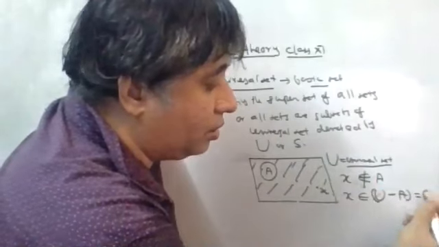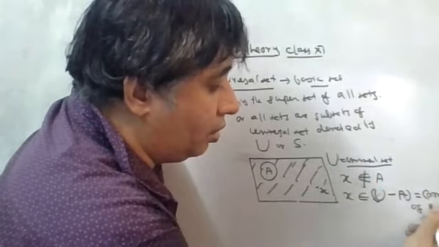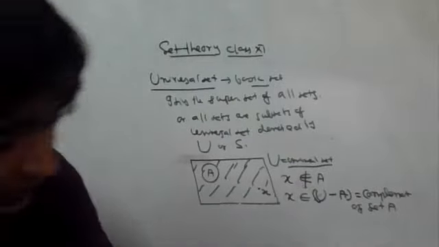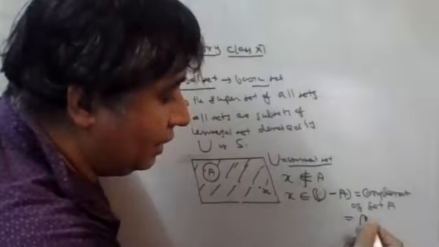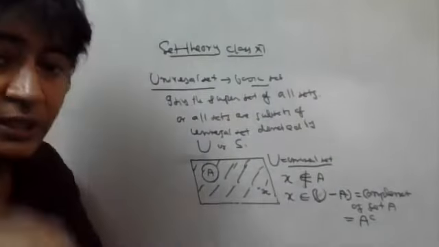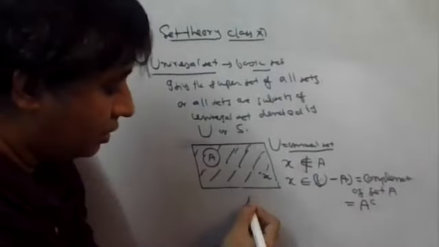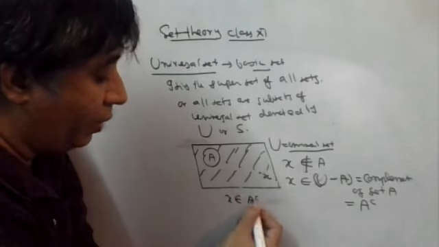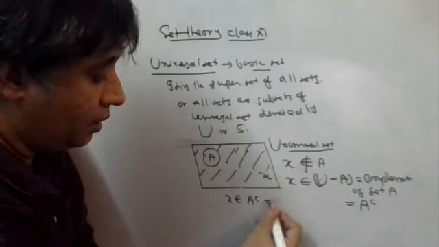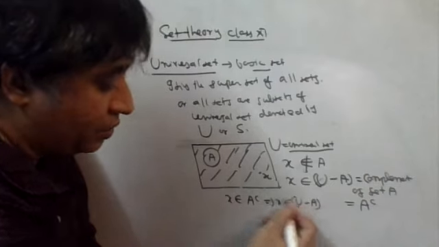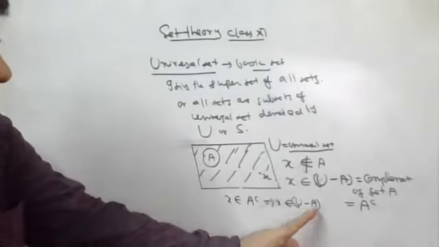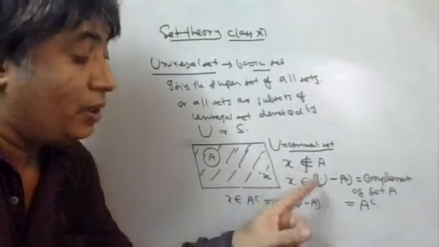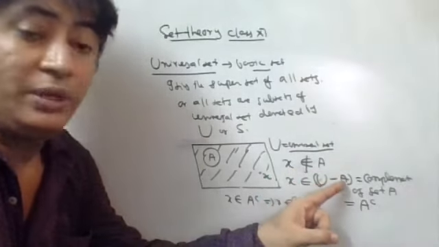So this part is called the complement of set A, which you can write as A superscript C. X belongs to A complement means X belongs to the universal set excluding A. So if one element does not belong to a particular set, it belongs to the remaining part of the universal set excluding that set.